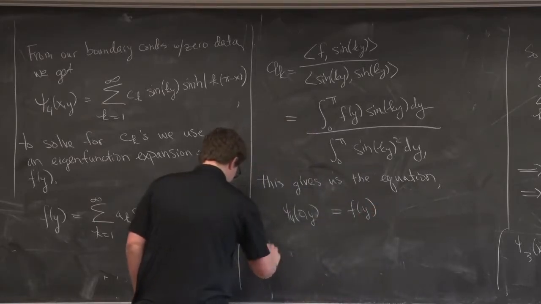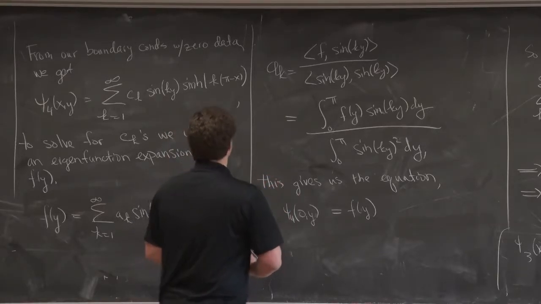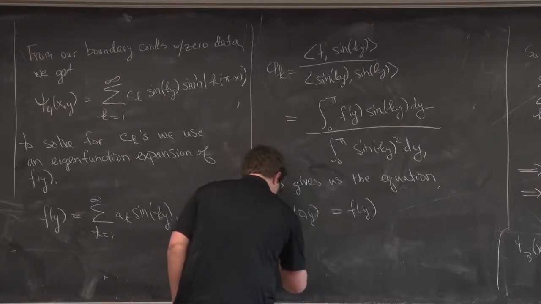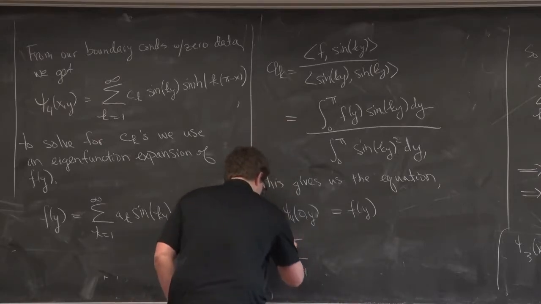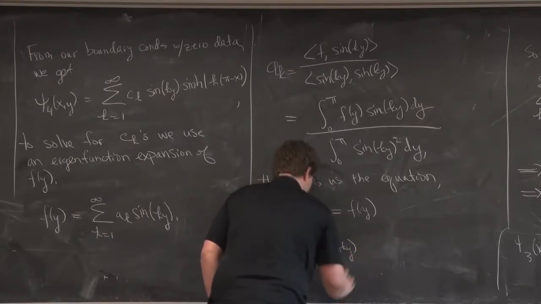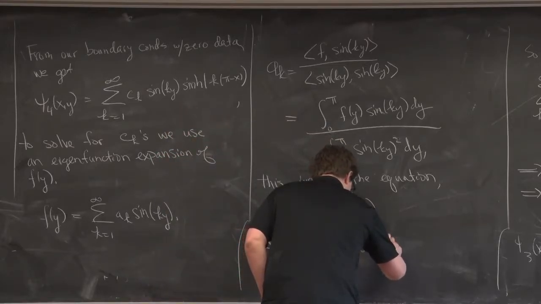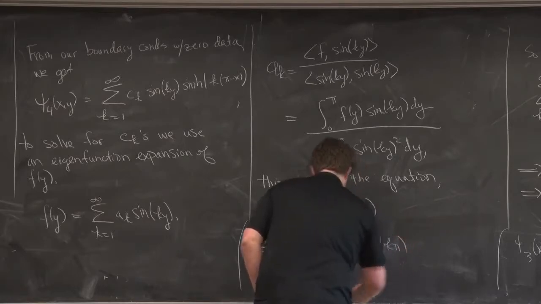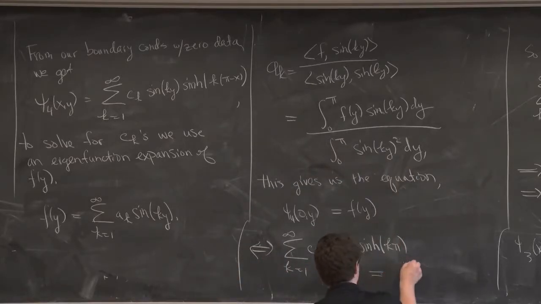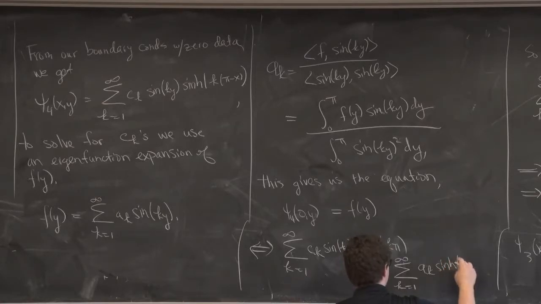So it gives us this equation here, which says that the sum from k equals 1 up to infinity of c_k sine of ky hyperbolic sine of k pi is equal to the sum from k equals 1 up to infinity of a_k sine of ky.